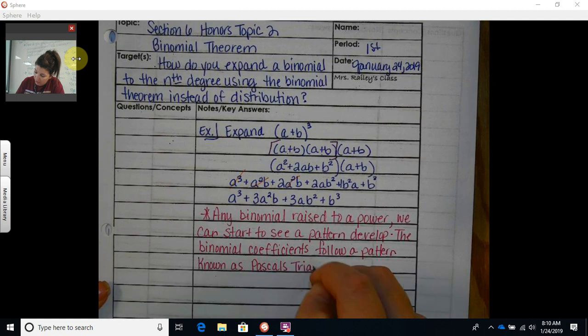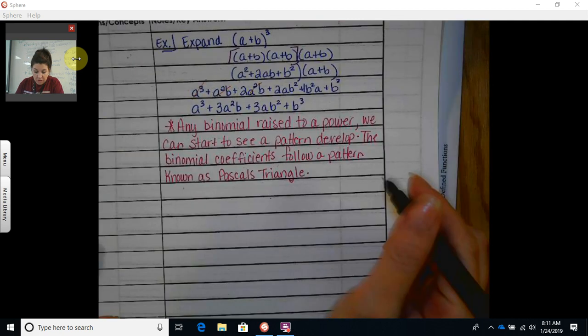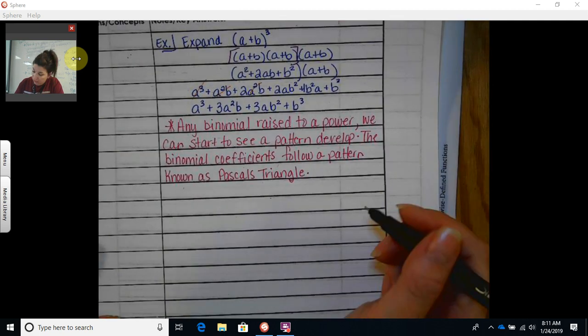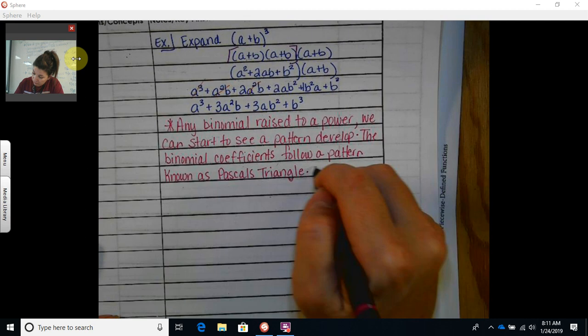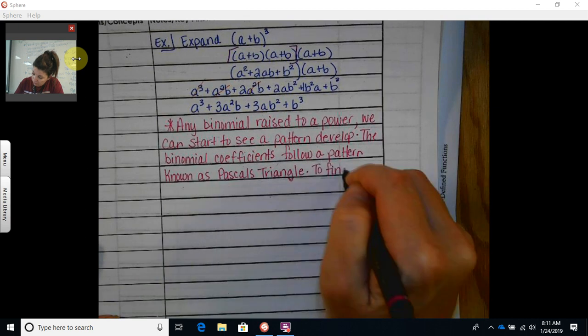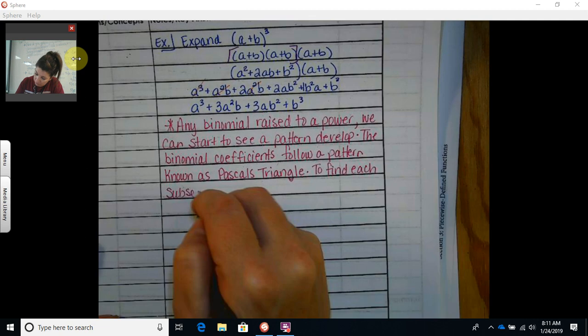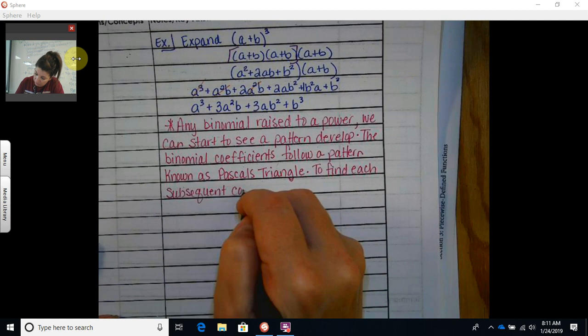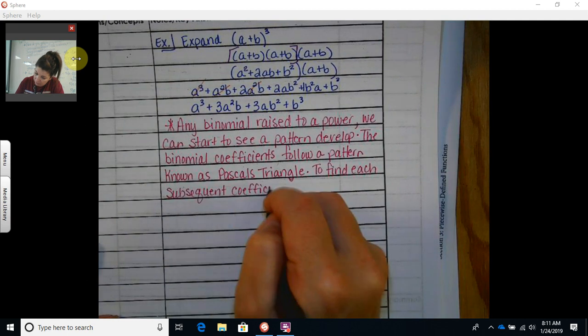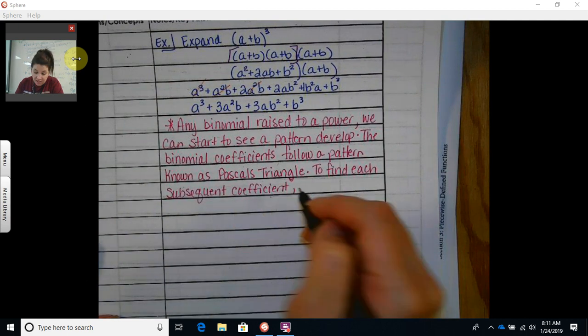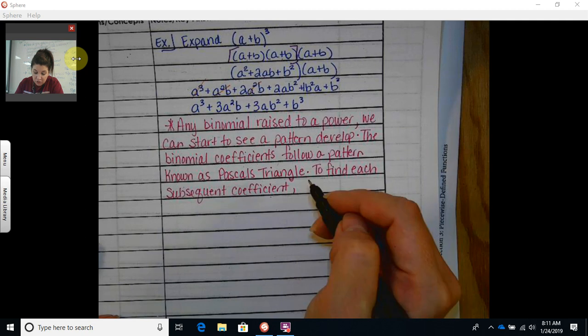Y'all ever heard of Pascal's triangle before? No, Miss Rayleigh, we haven't. Okay. To find each subsequent coefficient, find the sum of the two closer terms in the row above.